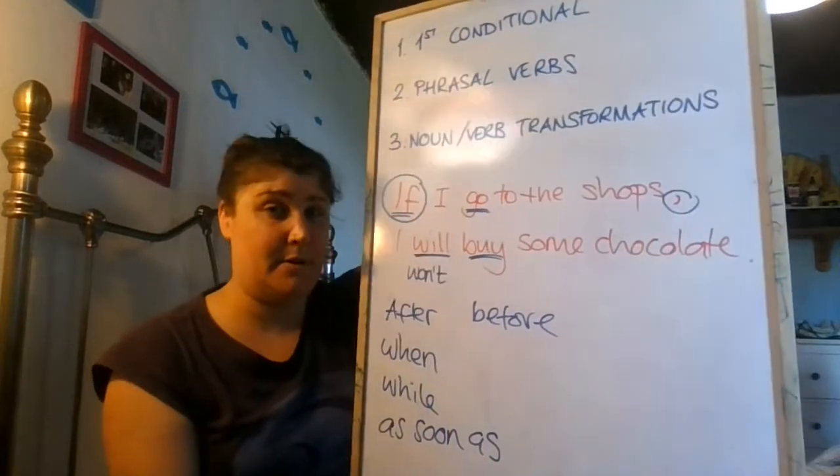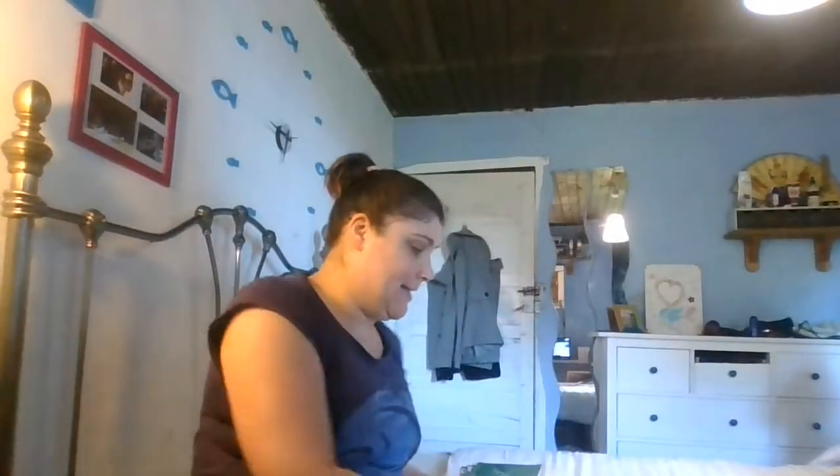Okay, fairly simple? Good. So, to have a little practice of this, look in your book at page 78, and I'd like you to look at exercises 2 and 3. In exercise 2, we have some first conditional sentences, you just need to complete the sentences with the correct form of the verb in brackets.